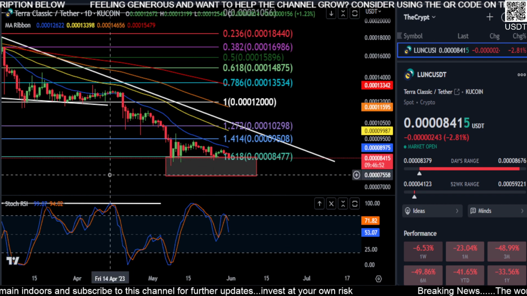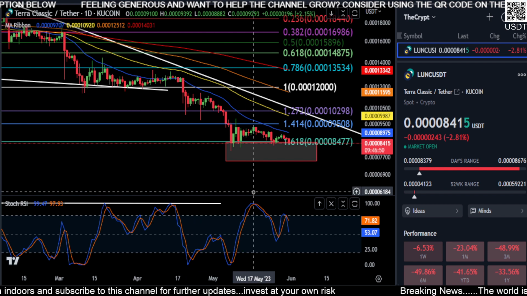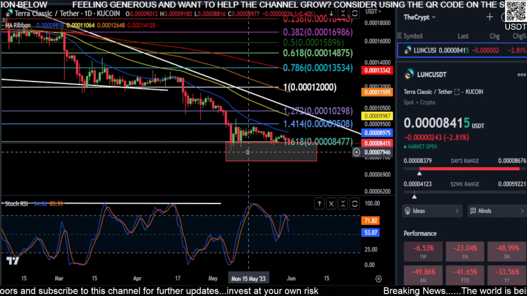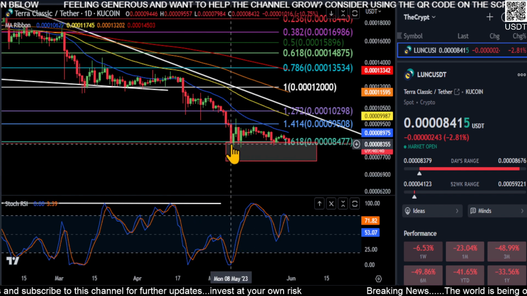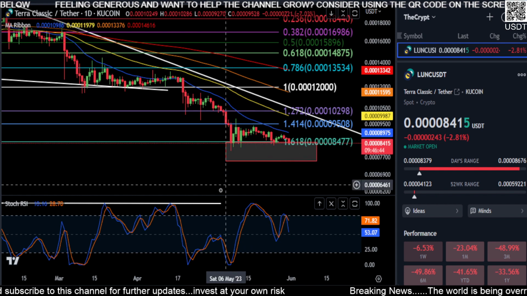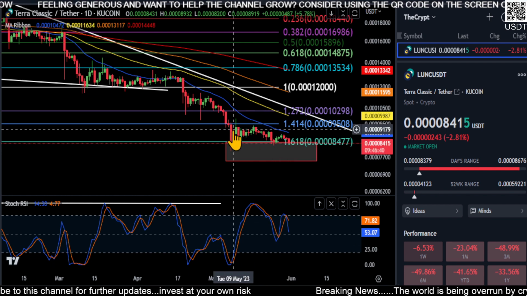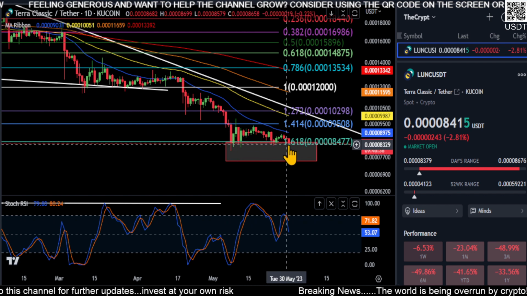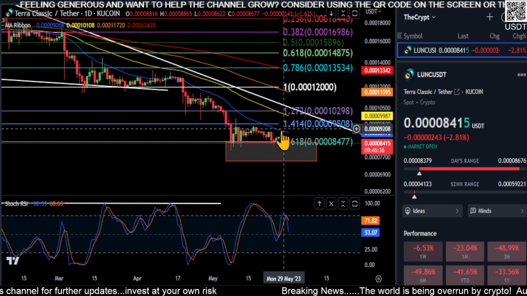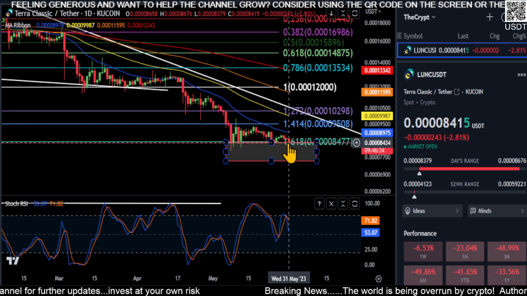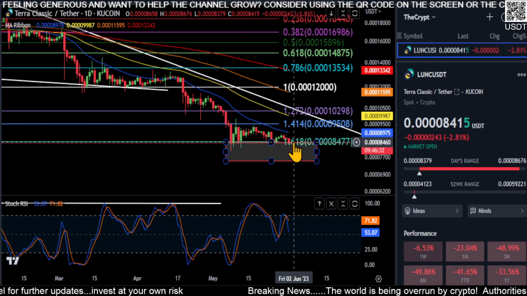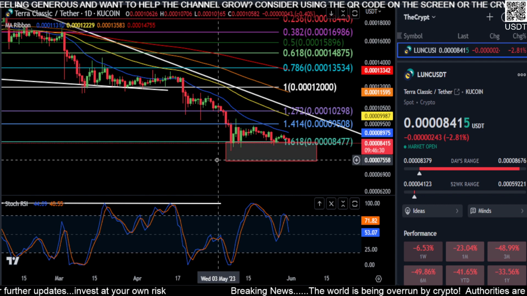So with that said, we'll first start off with the stock RSI here. You can see the price is going flat and the stock RSI is going up. So that is bullish divergence on the stock RSI here for the daily chart. So that could be an indication that the bottom is in here and we're holding strong and we're about to bounce and move out of here.